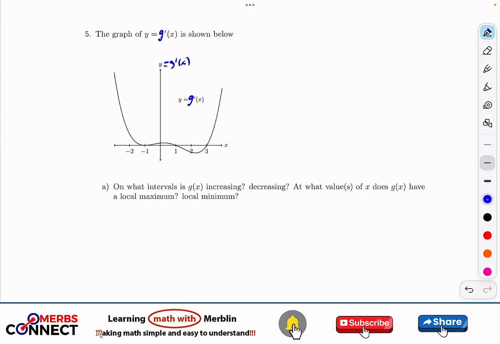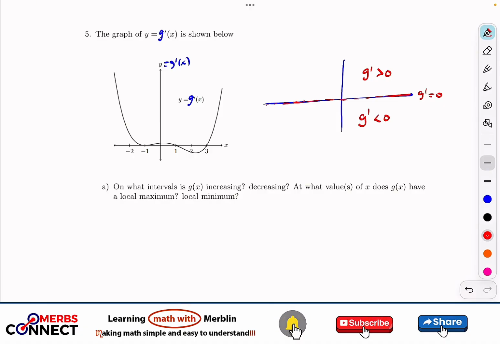Now, anytime you have the first derivative graph, think about this. Anything above the axis is greater than 0, and anything below is less than 0. And anything on this line here is when g prime is equal to 0.